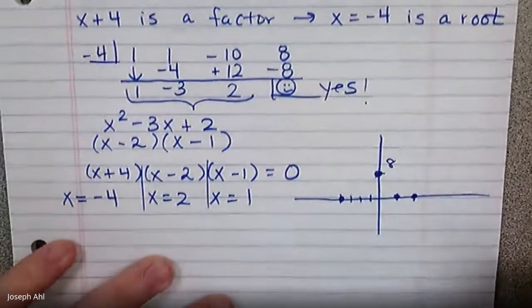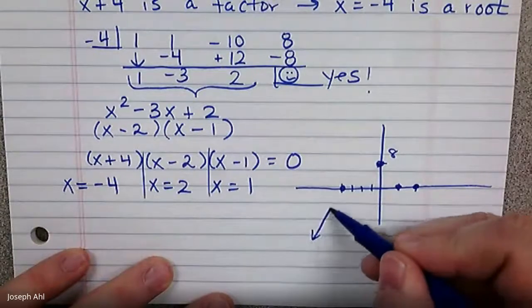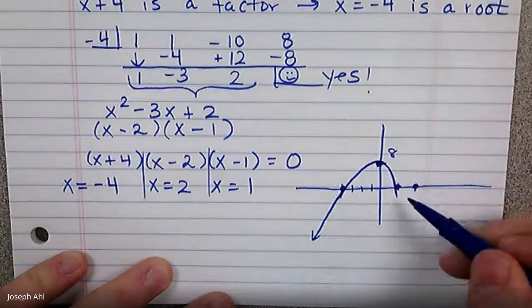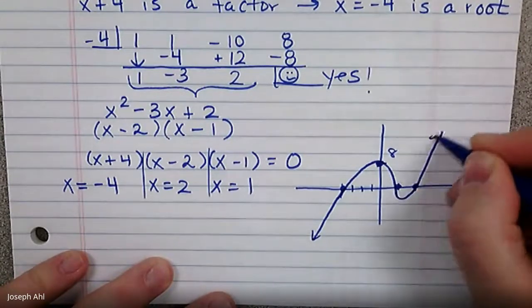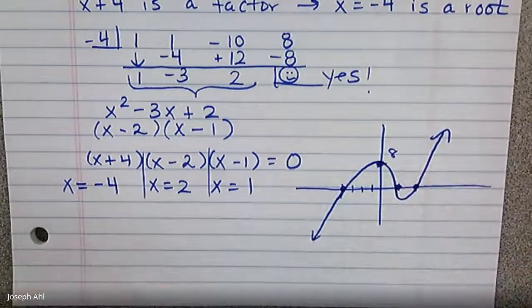The way this graph is going to curve is it's going to go down forever on the left, come up through this root, hit the y-int, come down through this x-intercept, but only for a short moment, because then we have to go back through the last x-int. And see that this last end of the graph is going to head up forever. Okay, so pretty cool stuff here.